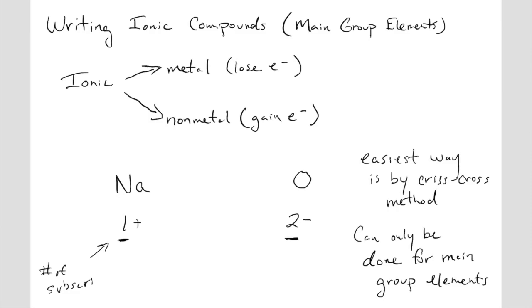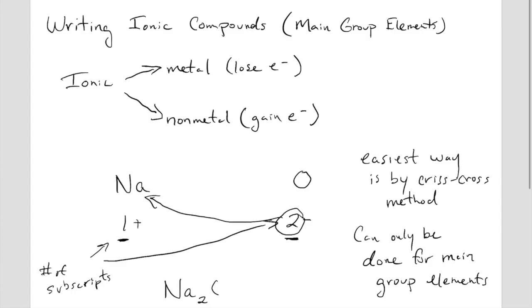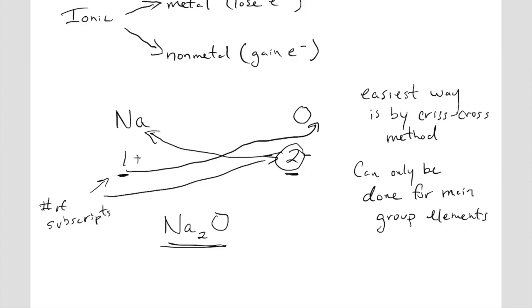So 1 will be the subscript of the oxygen, and the 2 will be the subscript of the sodium. So Na2O. There is your formula for sodium oxide. Remember too, when we name ionic compounds, you do not say oxygen, we call it oxide, with an ide ending.